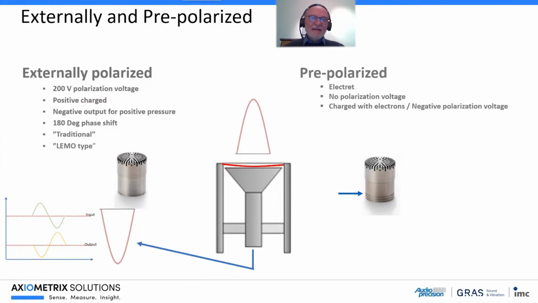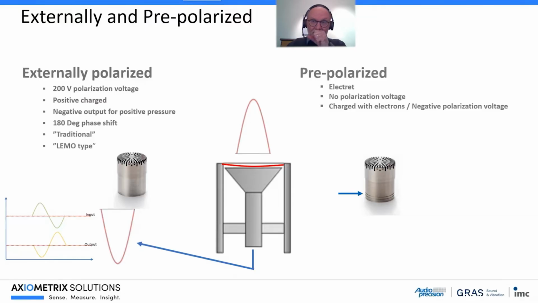We have actually charged the backplate with electrons. We have a little layer on the backplate, and this layer has been charged with electrons. Electrons are negative charge, so we have a negative battery, or a negative charge, on the backplate of the microphone.